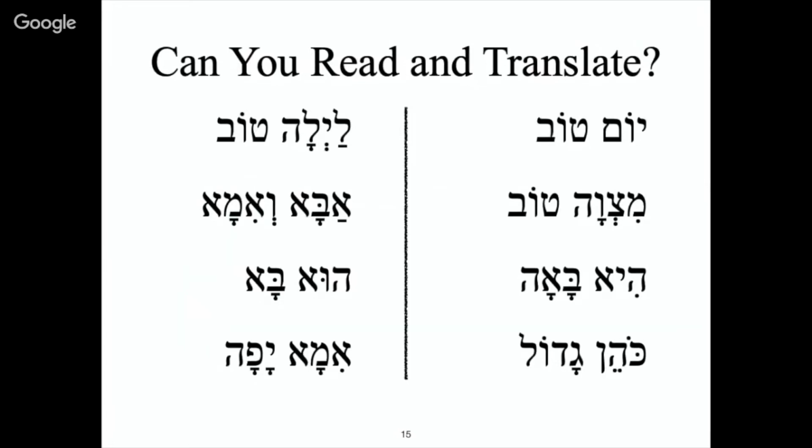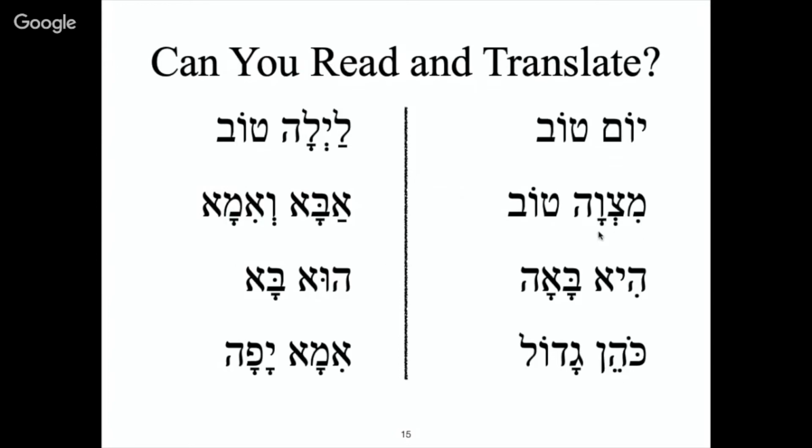So we have an exercise here which says, can you read and translate? Can you read these words and can you translate them? So this says Yom Tov, which means good day. And this says Lila Tov, which means good night.